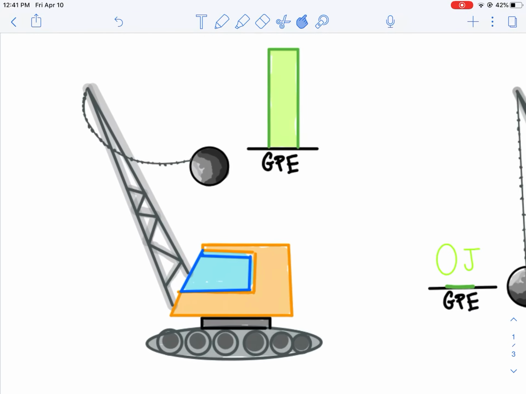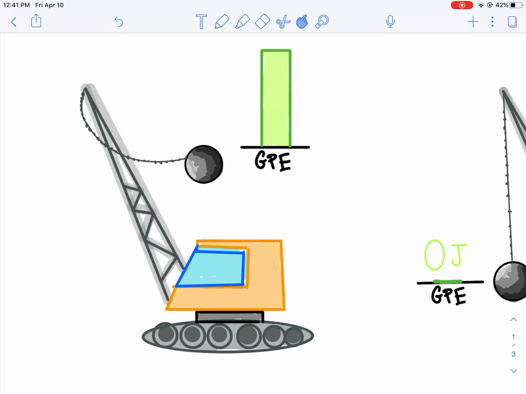Okay, so we're going to mostly talk about gravitational potential energy, and that's the energy that an object has because of its height in a gravitational field. So that might sound overly complicated, talking about gravitational fields, but it's really not.